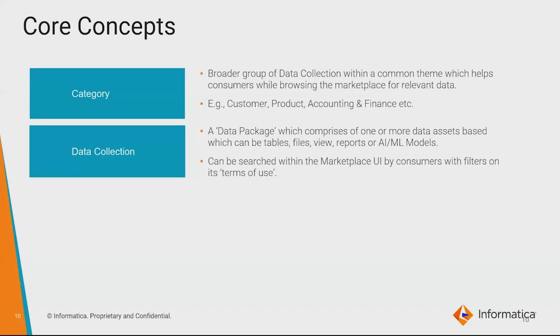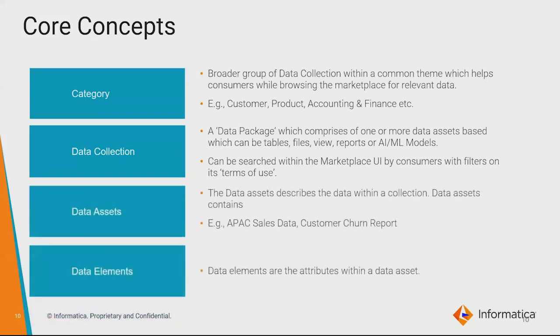So if you are searching for customer data, but for an internal project where you just don't want to expose customers' PII information, maybe I'll do a search for customer data with a terms of use type to be more permissive or more accessible, where the data is already anonymized through masking or some other means. So this data collection comes in handy when you're searching for something along with the filter of terms of use.